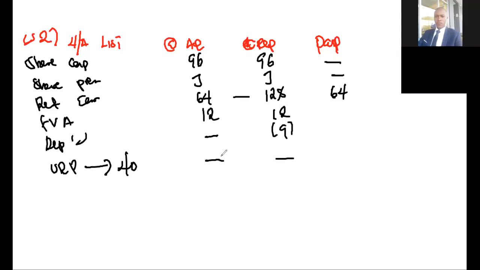Yeah, these ones are negative balances. So we've got 96 plus 3, 99, plus 64 plus 12. How much is our total? 175. Do you see that? 175. 96, 3, 64, and 12.